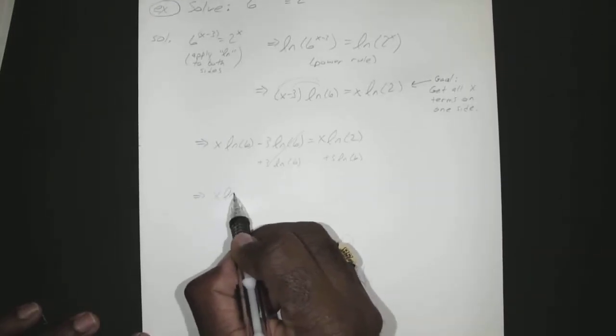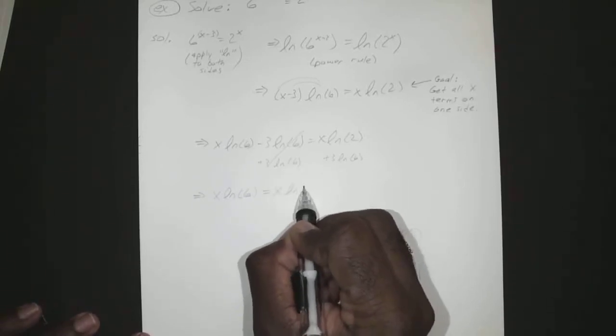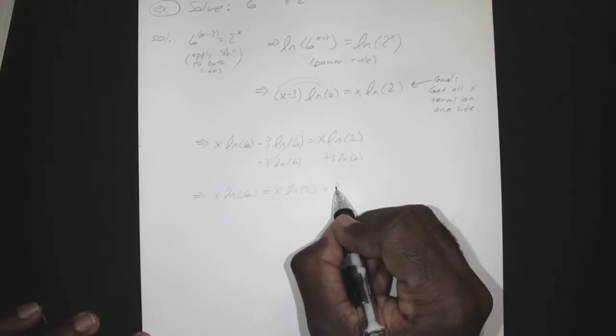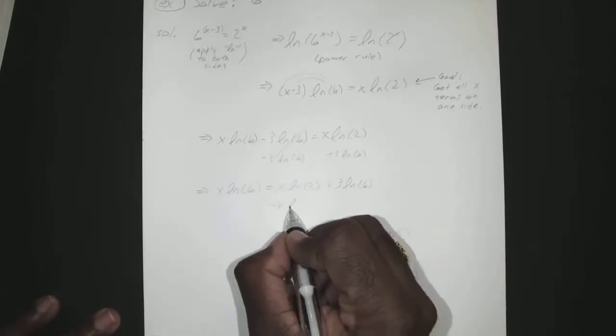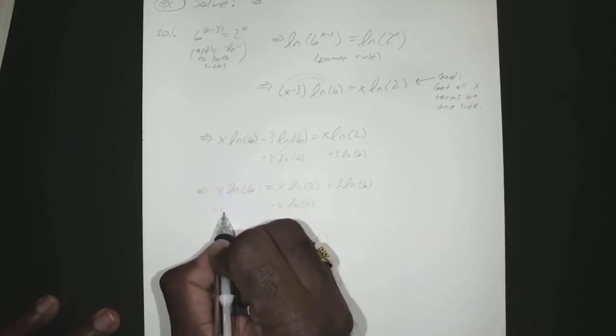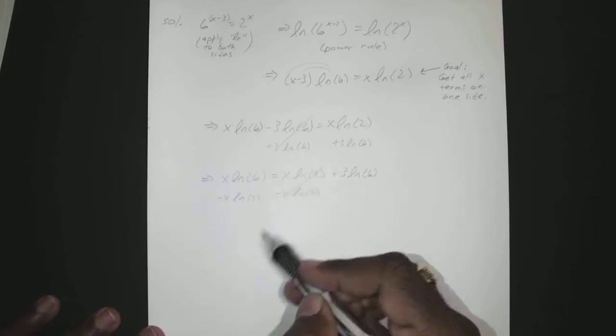You have x natural log of 6 equals x natural log of 2 plus 3 natural log of 6. Okay, so now we're going to subtract x natural log of 2. Okay, so these two, of course, cancel out, just become 0.